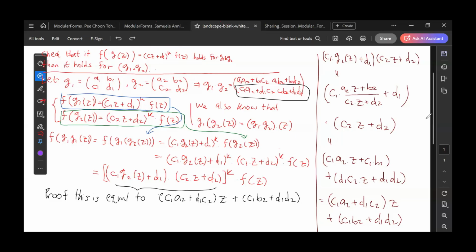Because for any multiplication of two matrices, they always hold. Okay, so maybe you can screenshot or write this down for a minute. I'll take a break to drink some water.